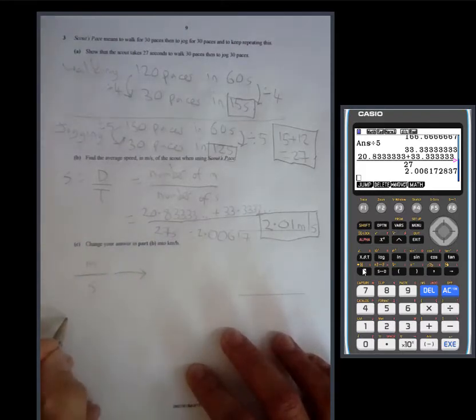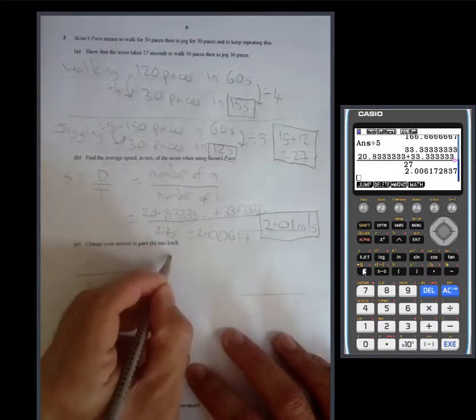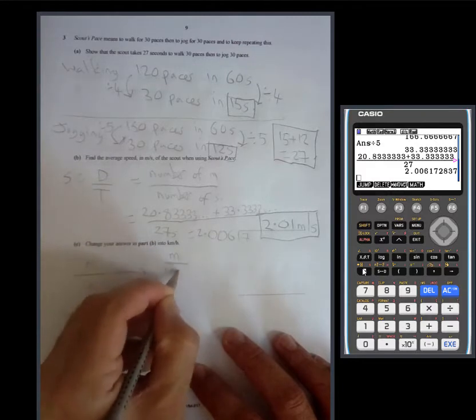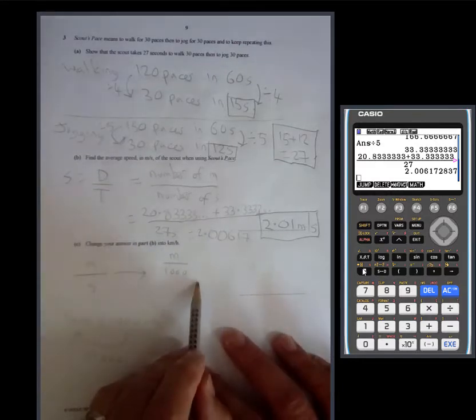So you know that 1 km equals 1,000 meters. So to turn meters into kilometers, you need to go this way. You need to divide by 1,000. So this top bit is going to be meters divided by 1,000, right?